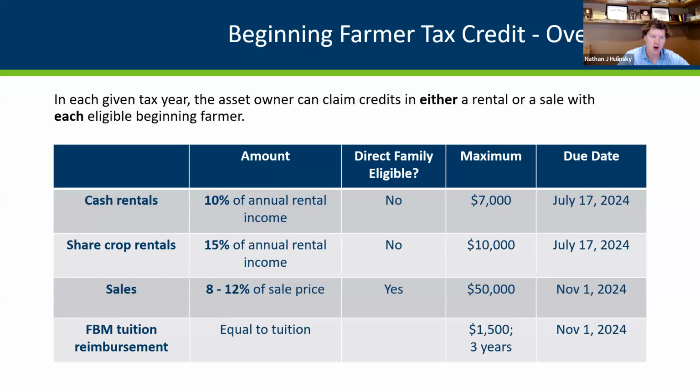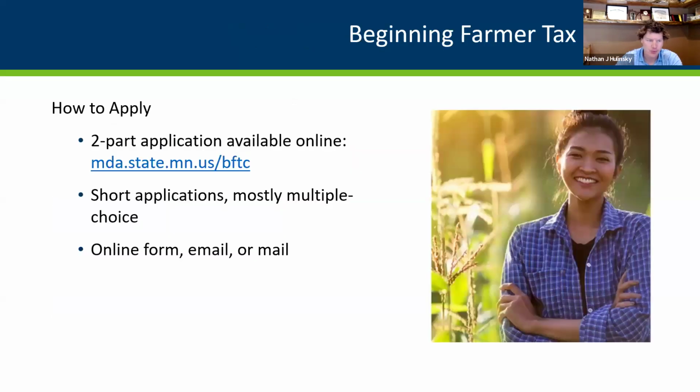So if you sell farmland for $500,000 to a beginning farmer, you can save up to $50,000 as a tax credit that goes to the seller. It's just an incentive to work with beginning farmers and help them get started. There are applications online, so feel free to look through the Minnesota Department of Ag Beginning Farmer Tax Credit for more information.